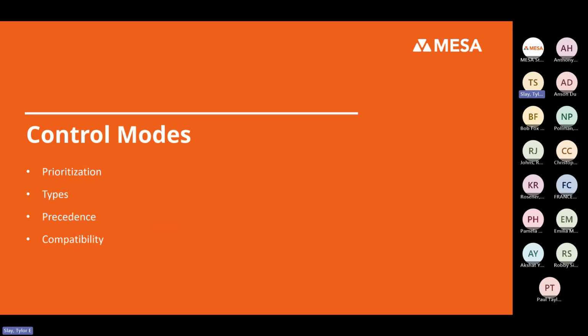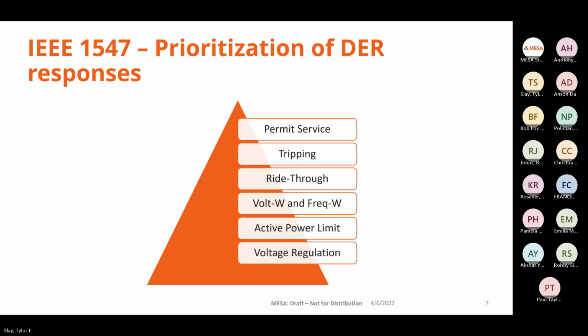So before we can get into how we can combine these functionalities, we need to have a decent understanding of what the control modes are and how they interact with each other. So in IEEE 1547, we have prioritization of DER responses, which tells you at the top, permit service that just allows you to connect.